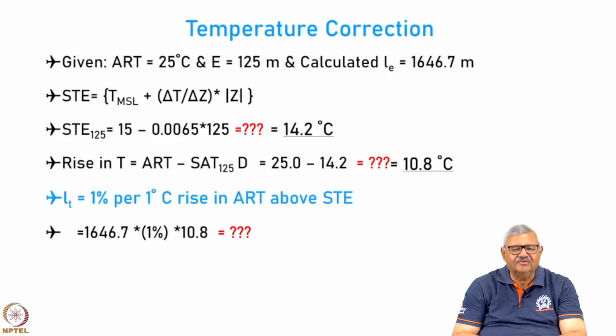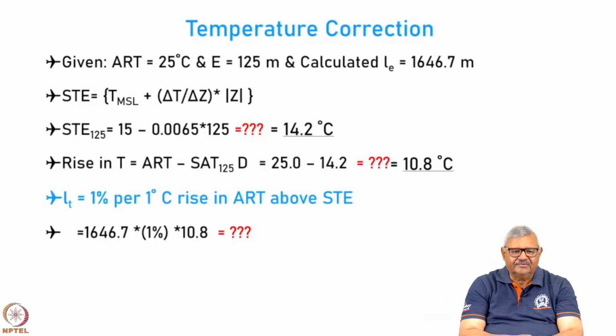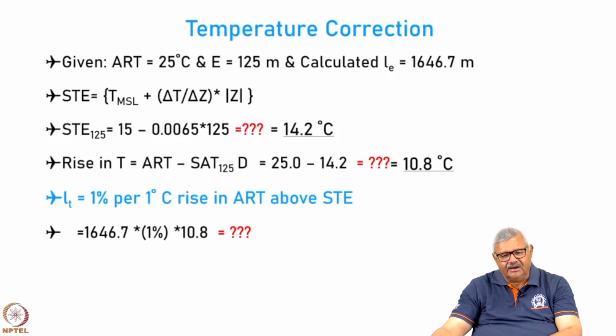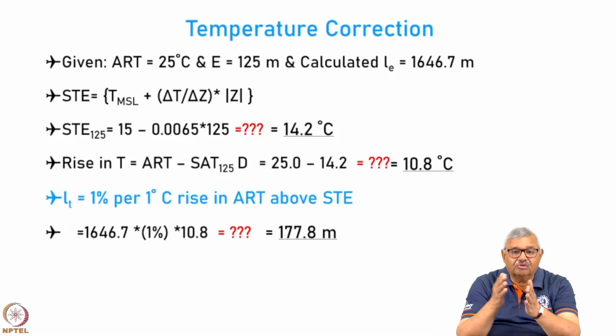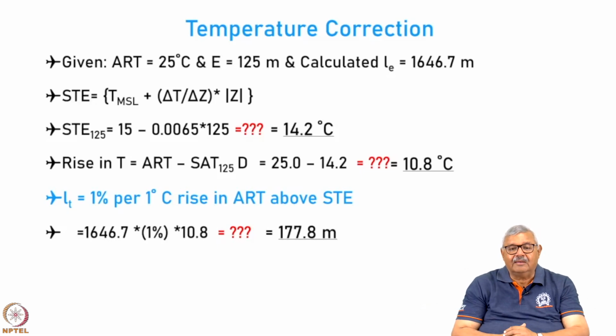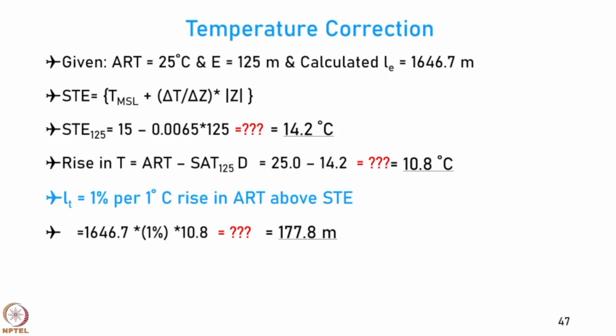Okay. So, that is 1646.7 into 1% or 1 by 100 into 10.8. What is the value? The value comes out to be 177.8 meters. So, you require around 178 meters runway extra because it is at a hot location.